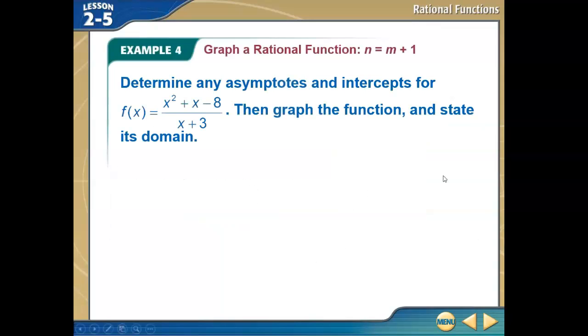Okay, determine the asymptotes and intercepts for f of x, then graph the function and state its domain. So let me write it down. We have f of x equal to x squared plus x minus 8 over x plus 3.